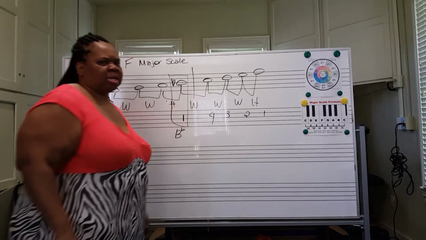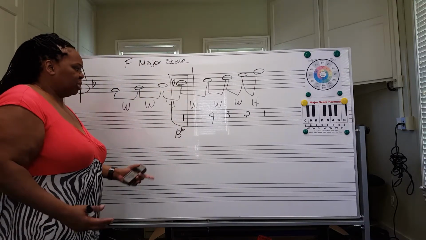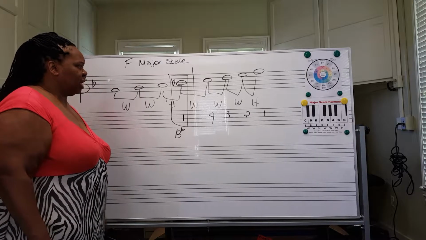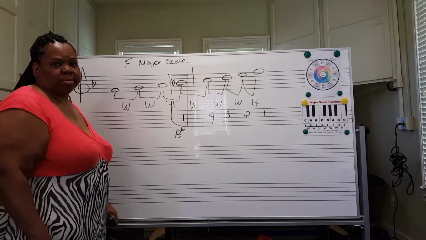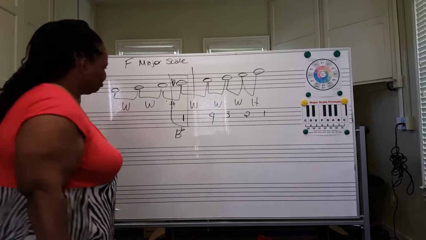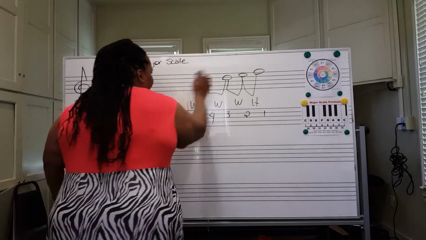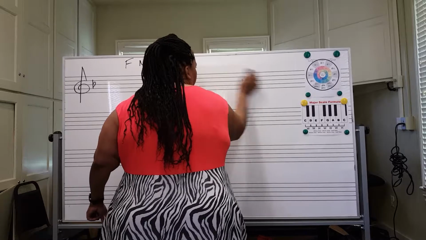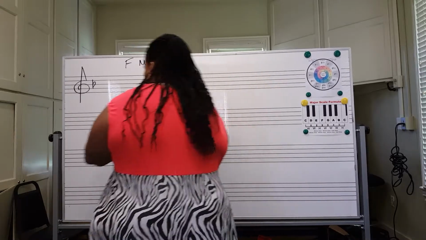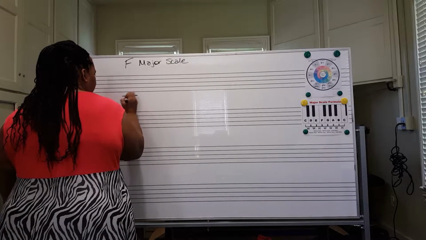I know some of you are already thinking, couldn't we have just counted 4? 1, 2, 3, 4, and just been on the fourth note of our first tetrachord? Sure, both work. All right, so let's build now a B flat major scale. And we'll make B flat a ledger line.